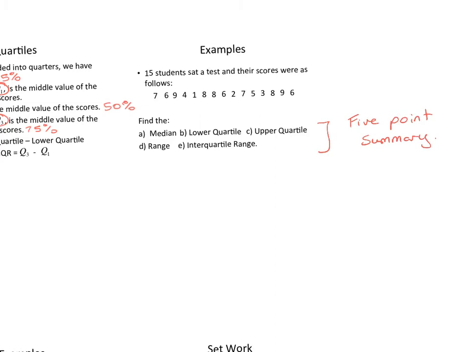Okay, well, if I want to find the median, I need to actually write these in order. So take a moment now and write them in order. A nice way to do that is to write them directly underneath each number to make sure you get the right number of them. So I put the 1 underneath the 7, and I'll cross out the 1 so I don't accidentally count it again, and so forth.